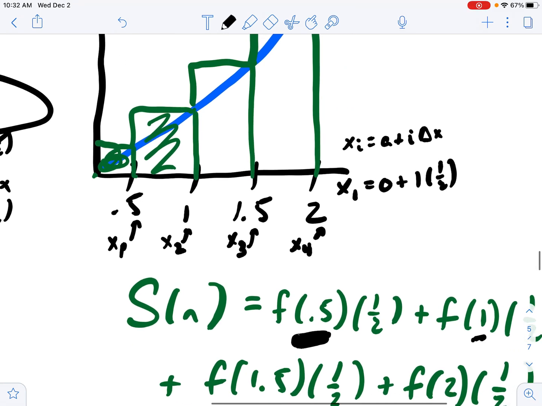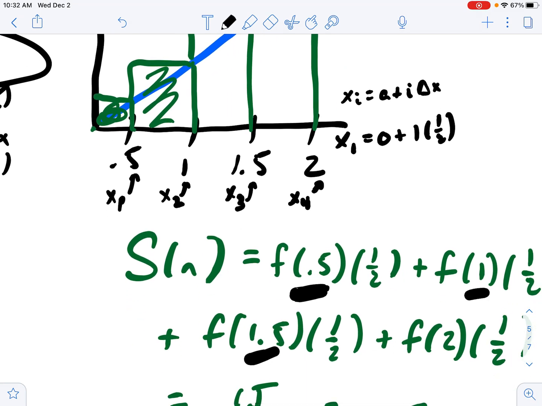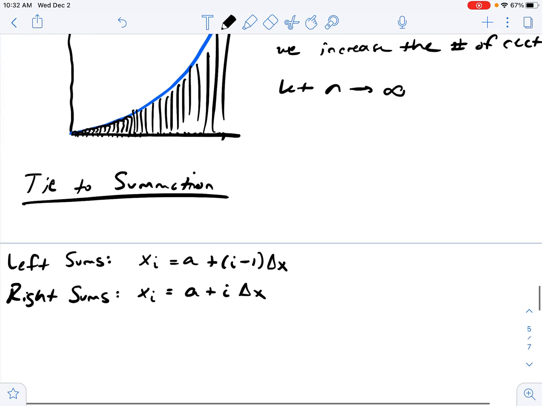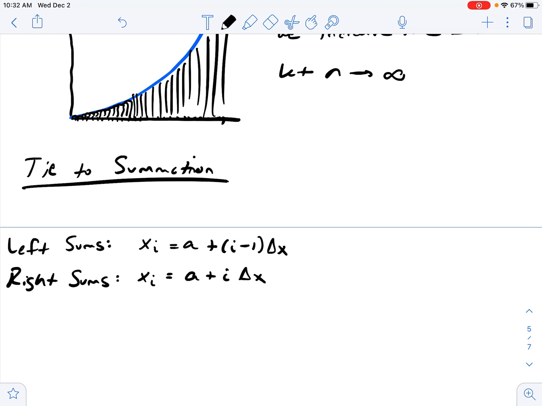That's exactly my first x value, at 0.5. If I plug 2 into that, I get 1. If I plug 3 into it, I get 1.5. I plug 4 in, I get 2. And you can verify that if need be, okay? But this is how we get these x values that we're looking for. If we're going to draw it from x values on the left, a plus i minus 1 delta x, where a is the beginning of the interval, and if it's right sums, a plus just i delta x, okay?